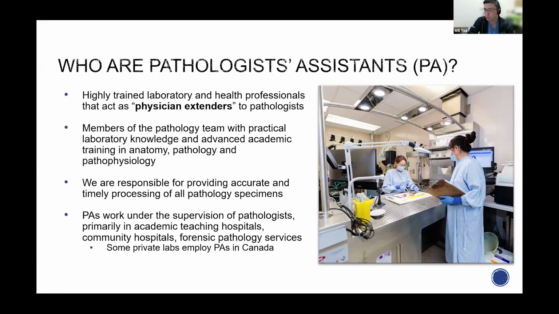Generally speaking, our roles are primarily situated in either academic teaching hospitals or community hospitals. There's also a large number of PAs who work in forensic pathology services, and there are some private pathology labs that employ PAs in Canada.